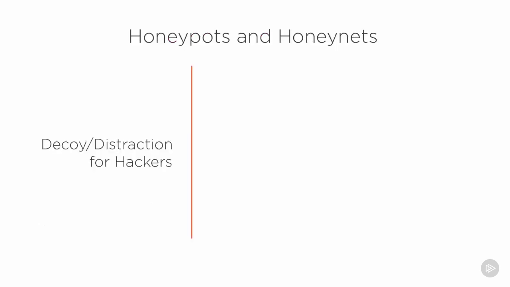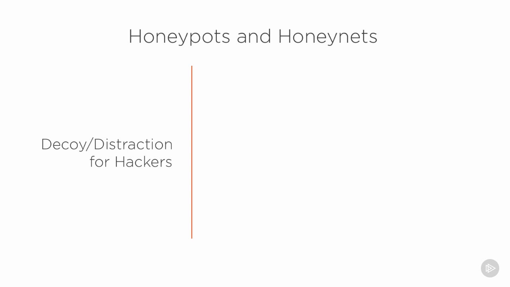Another type of defense we can use on our networks is to create a distraction for the hacker. A hacker is going to try to break into our network, and they're going to look for something of value, something of interest. And we give them something to look for. We give them something that glitters a little bit so that they see this and they rush off towards that.